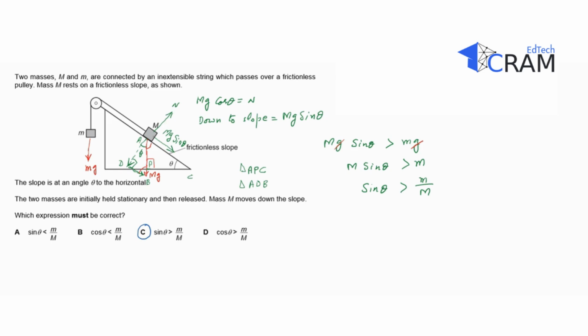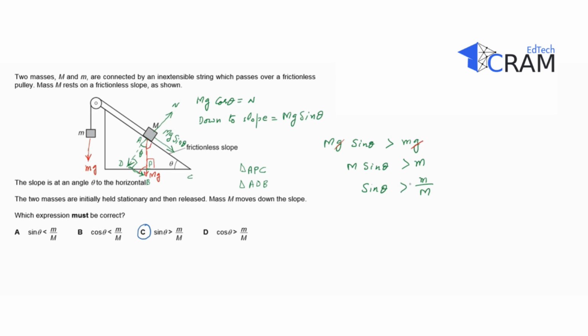Since capital M moves down the slope when released, Mg sine theta should be greater than small mg. Small g cancels on both sides, and we get capital M sine theta greater than small m, or sine theta is greater than small m divided by capital M.